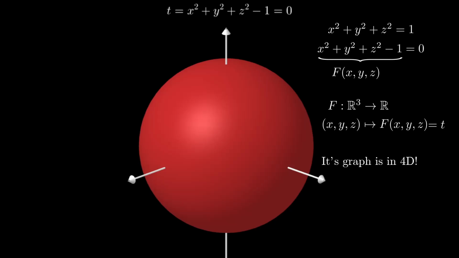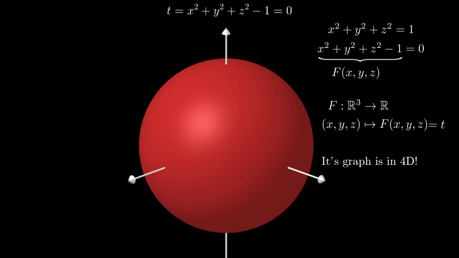And from all of these surfaces, the surface with t equals 0, this is x squared plus y squared plus z squared minus 1 equals 0. This surface in particular is our root. This whole surface is the set of all the points where this function annuls, gets 0. This is our root surface in some sense.